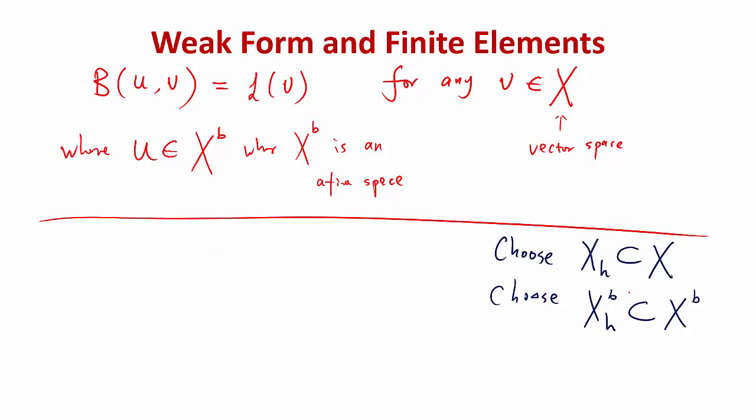So after we choose this, we keep exactly the same bilinear form. We don't change the bilinear functional, we don't change the linear functional. They stay exactly the same.